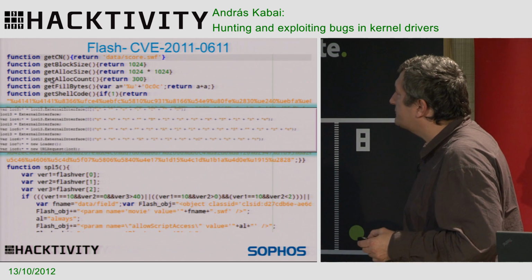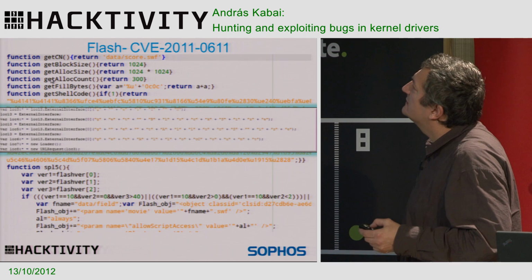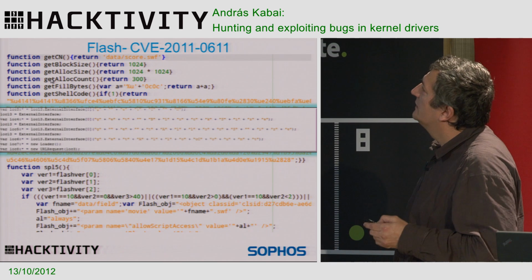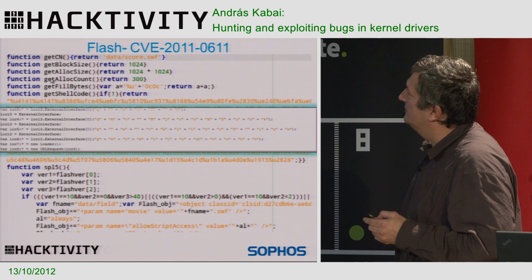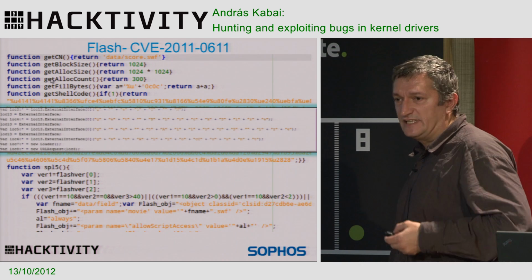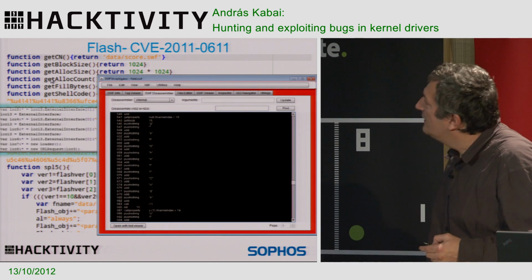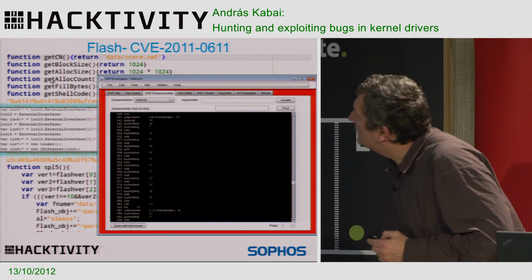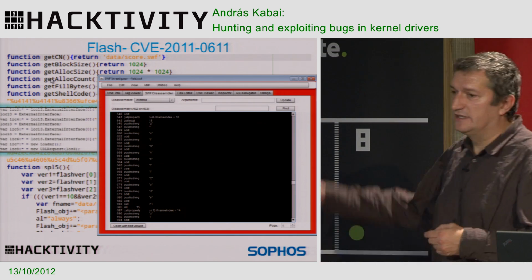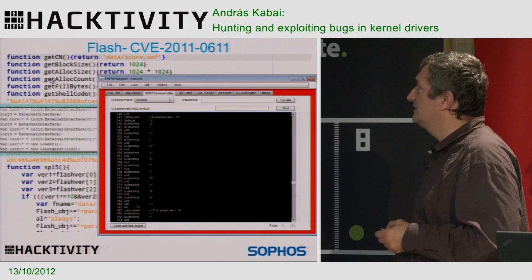After that, it calls the getCN function somewhere around here, and that getCN function loads the next stage of this attack, another Flash file. That Flash file will call and execute the getShellcode function, which is returning the shellcode to the heap and executing it.